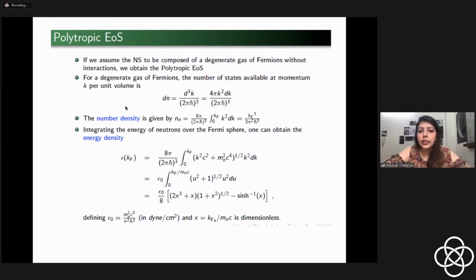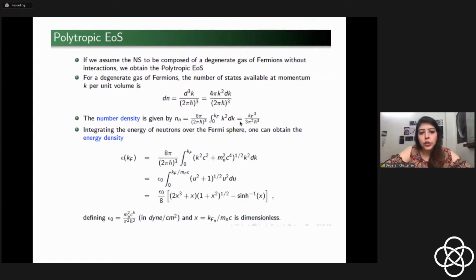And so you get the number density. You see that the number density and the Fermi momentum are related, as n is proportional to the cube of the Fermi momentum. Similarly, now if you want to find the energy density, the energy per unit volume.